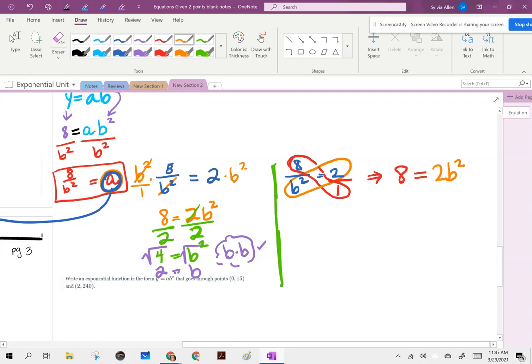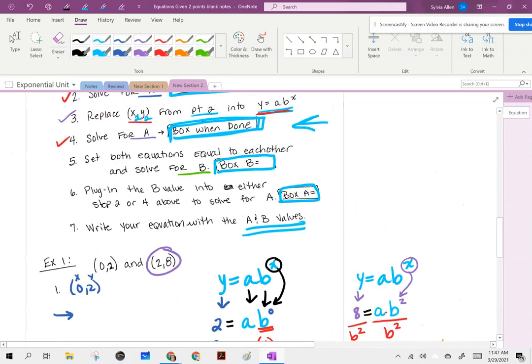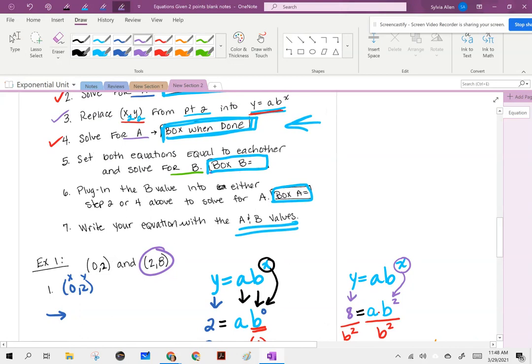No matter whether you do it this method or the cross multiplication method, we still end up with 8 equals 2b squared. So we still have to solve for b. And so we get 4 is equal to b squared, take the square root, and we get 2 is equal to b. According to the directions, we were just supposed to box b.